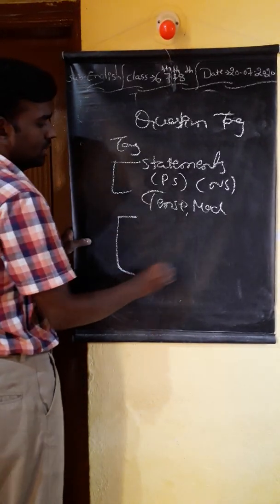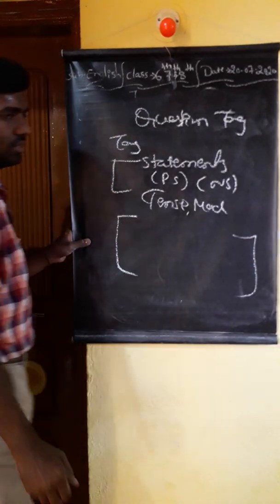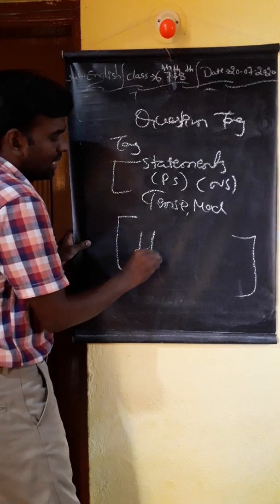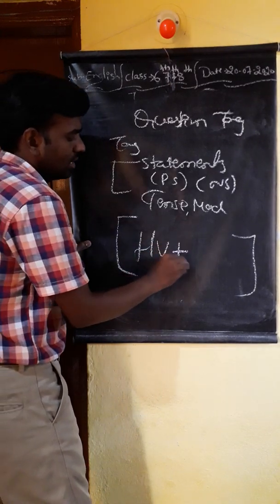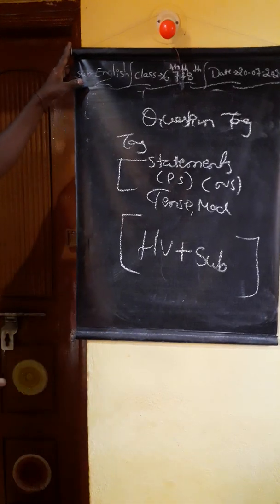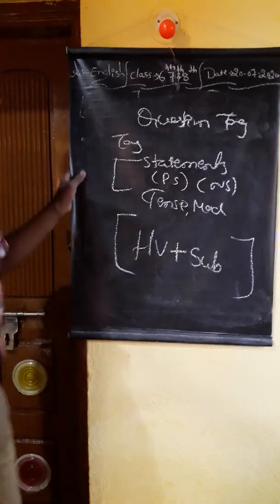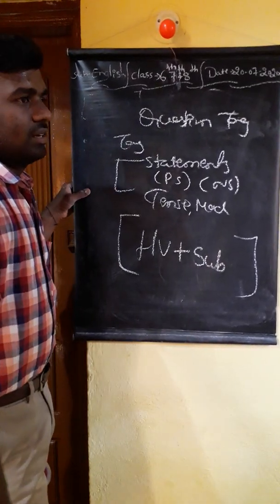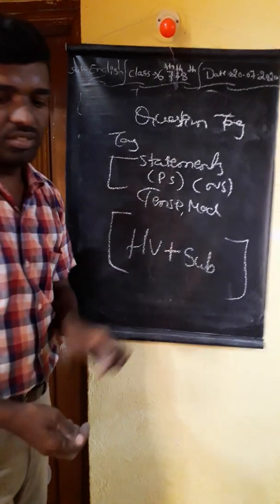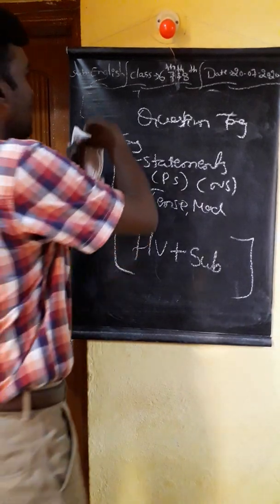While writing the question tag to statements, you have to be very particular and observe only two things, that is the helping verb in the sentence and the subject part. This question tag topic is purely based on the tense part. If you are very clear with the tense parts, this topic is easy for you. So with this, I am going to conclude the things.